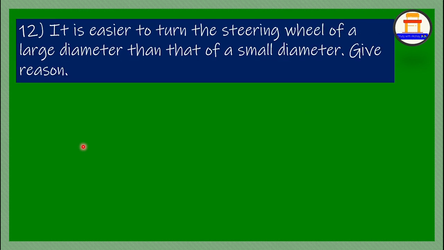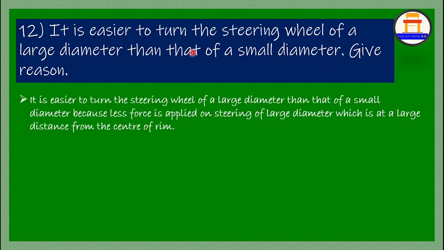Last question of this video, we'll be continuing with the 13th question in the next video. So let's start. It is easier to turn a steering wheel of a larger diameter than that of a smaller diameter. Give reason. Again, write down the same question.